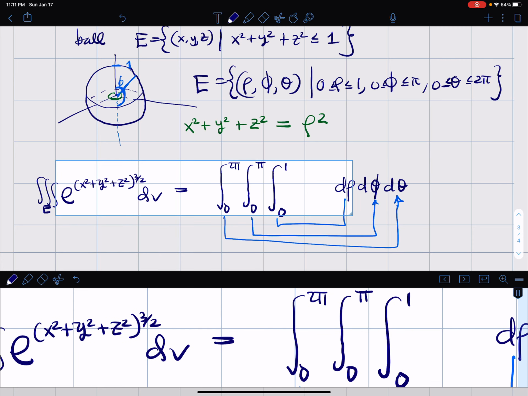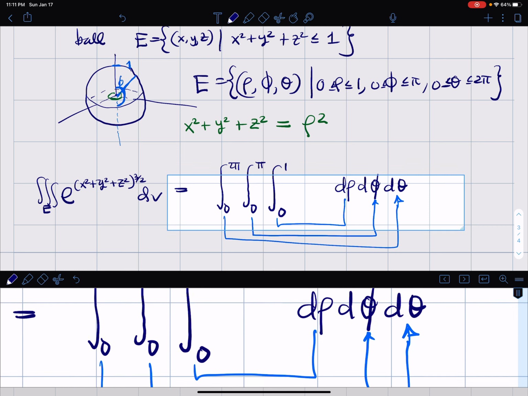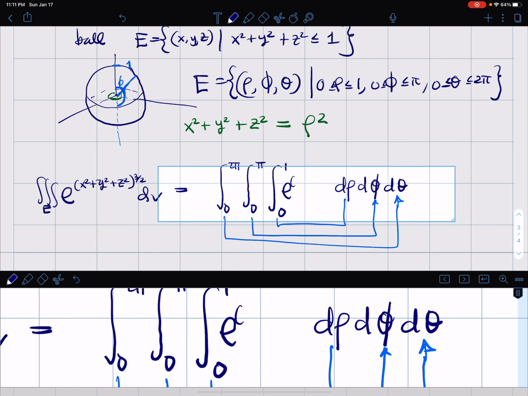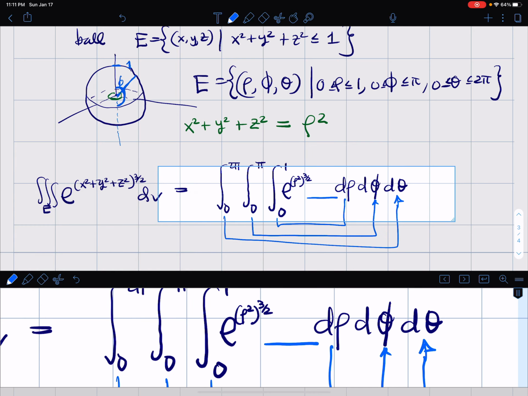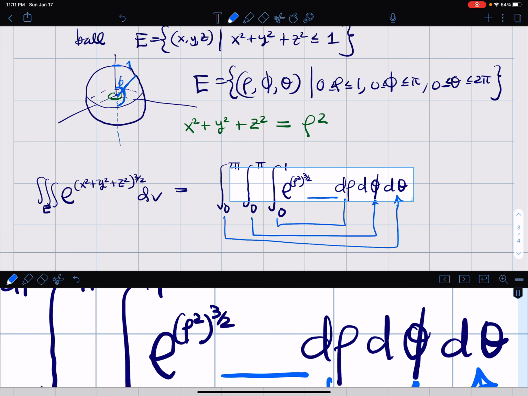Now, we have e to the x squared plus y squared plus z squared, which is just rho squared. So this is e to the rho squared to the power of 3/2. Now I'm going to insert something over here that you must insert. Remember how we just add an r for polar coordinates?